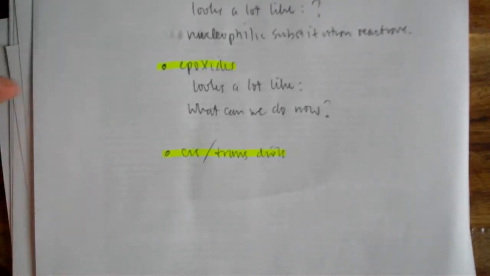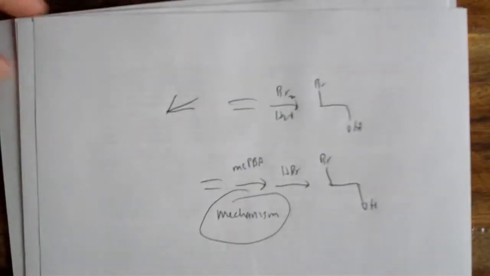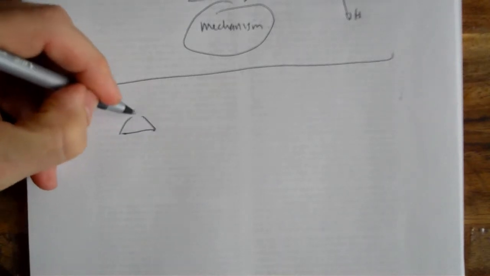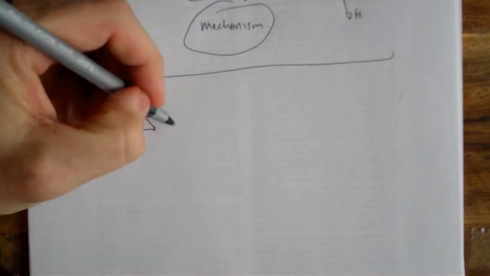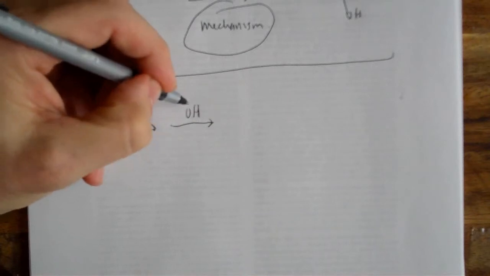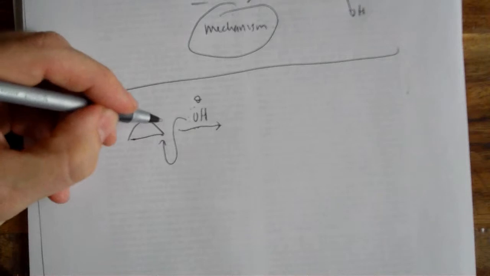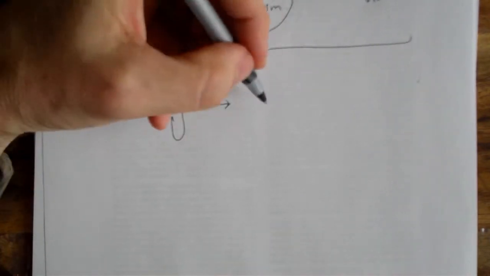Okay, and the last thing I want to talk about for lesson 7 is cis-trans diols. So this is kind of a funny thing to have here because it's not necessarily to do with epoxides or alcohols. One of them doesn't, but it's one way of making those. So, okay, if we take that and we treat it with that, this is going to come there and go there, just like you might expect, right?